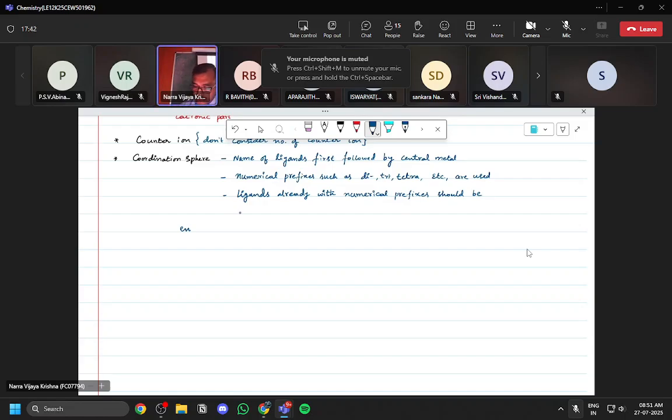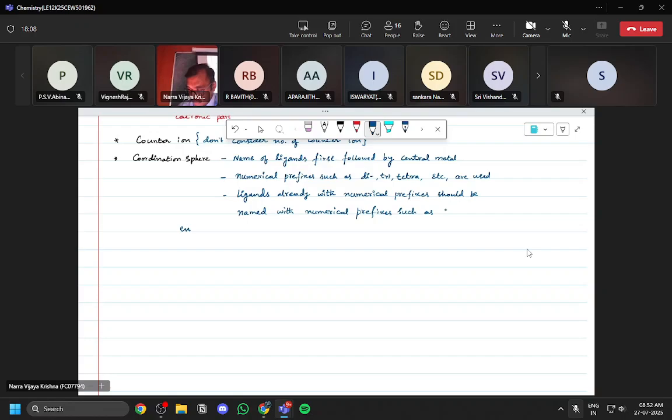should be prefixed with or should be named with numerical prefixes such as bis, tris, tetrakis, and so on.